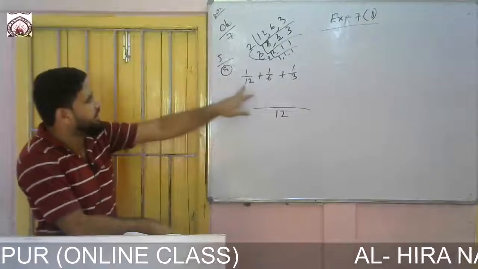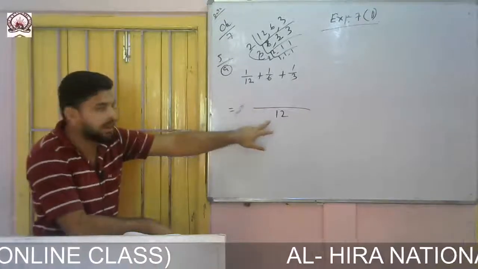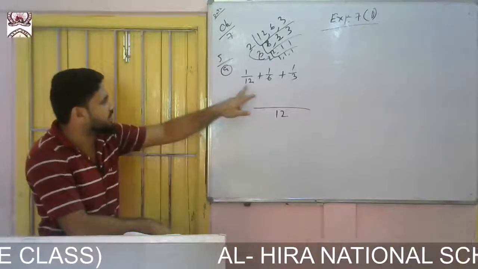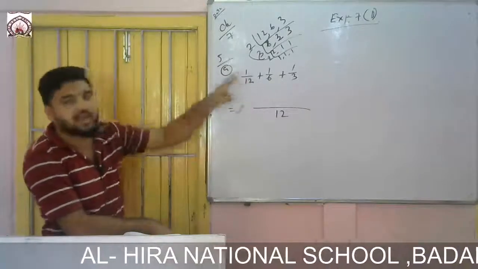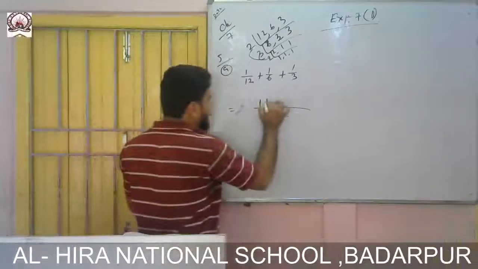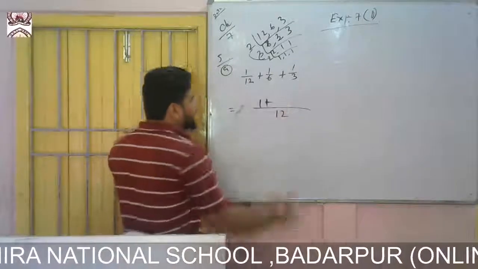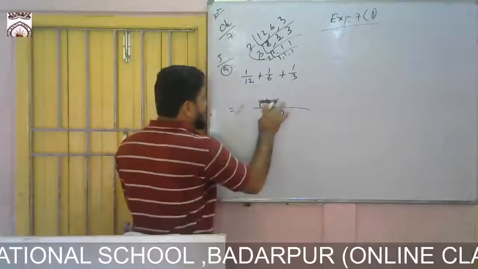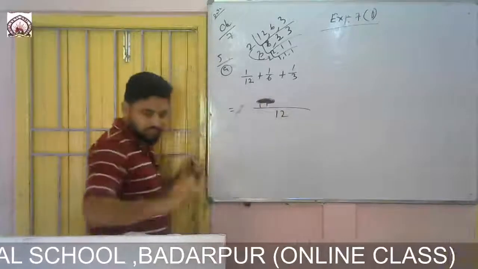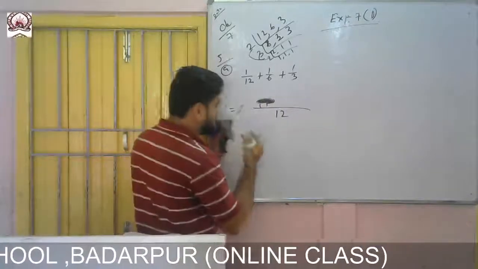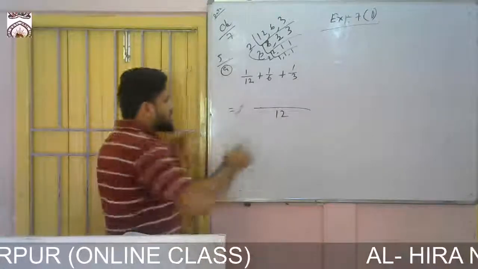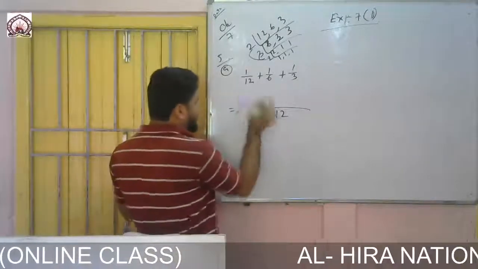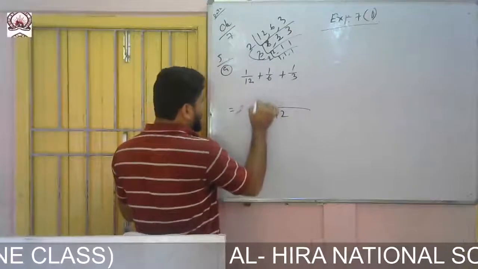Now you divide this 12 by this 12. If you divide this 12 by this 12, it is coming 1.